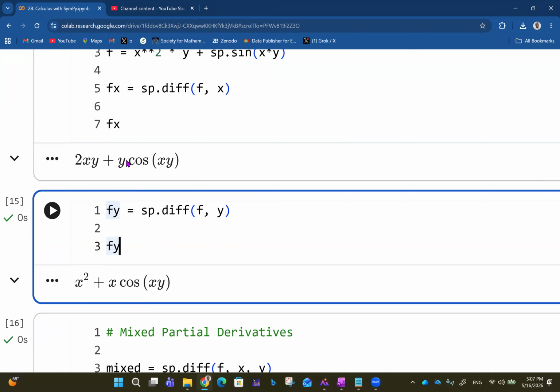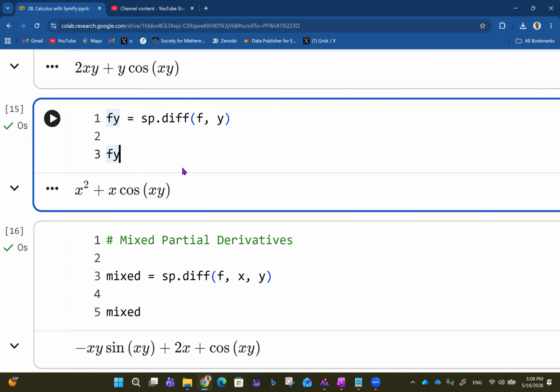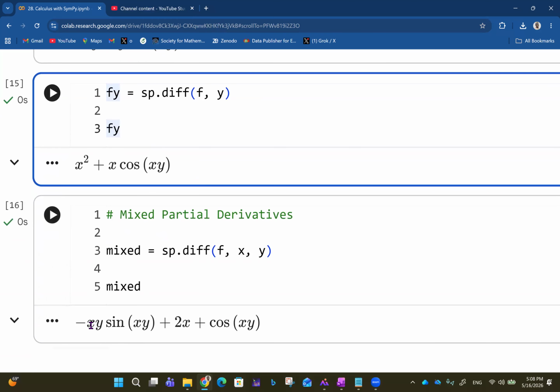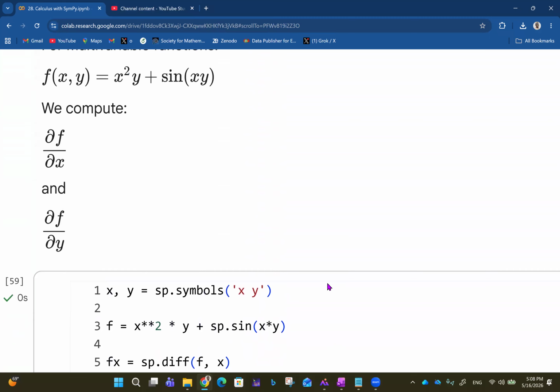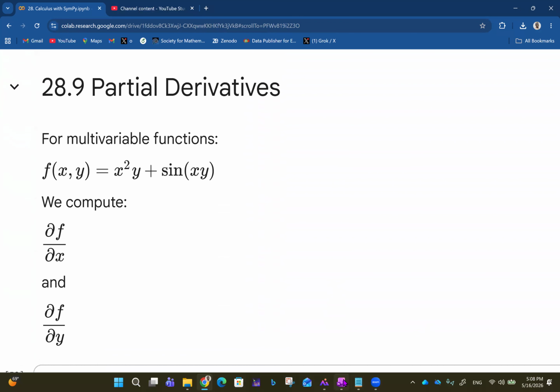So that'll be xy cos xy, and then you keep cos xy and differentiate y with respect to y. That'll be cos xy. So if you do all of that together, that's why you get minus xy sine xy plus 2x plus cos xy.